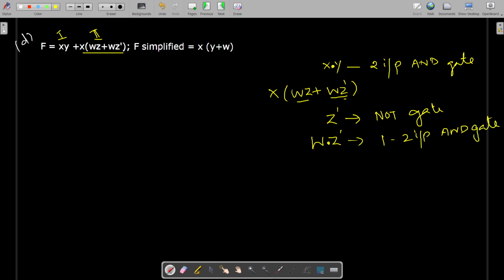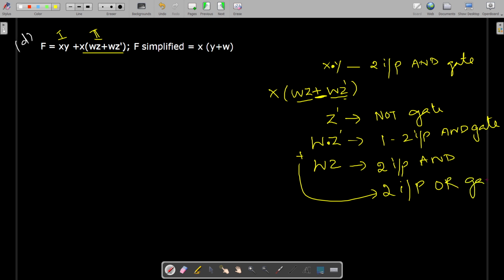And for this wz, we also need a two input AND gate, and in between these we have the plus. These two are ORed, so for that purpose we need a two input OR gate. Then this whole thing is dotted with this x, so for that we need a two input AND gate again, right?